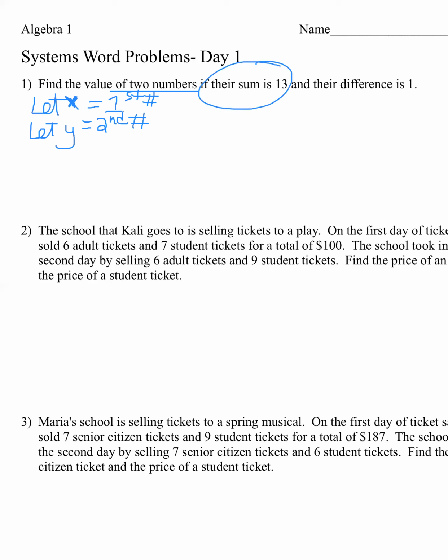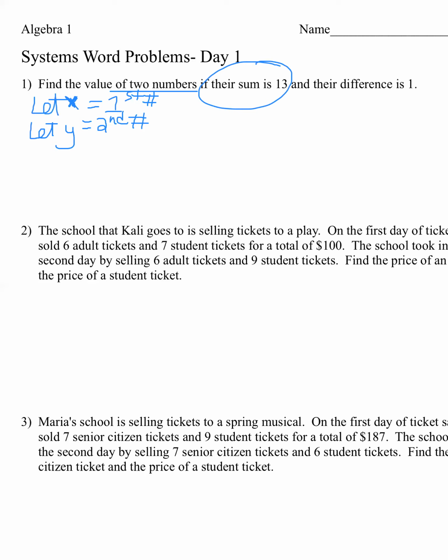Their sum is 13. What operation is sum? Hopefully you're thinking addition. So that literally says, take your two numbers and add them together, and you're going to get 13. So there's one of my equations: x plus y equals 13, the sum of the two numbers.